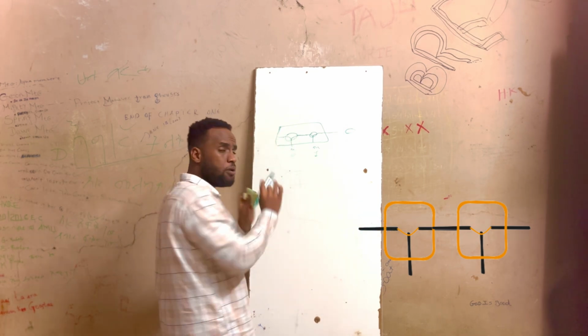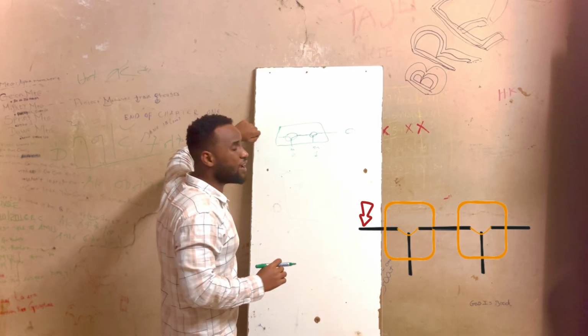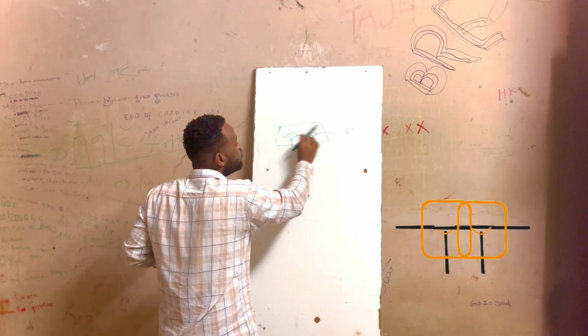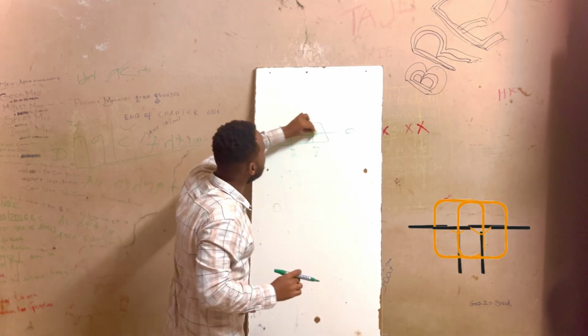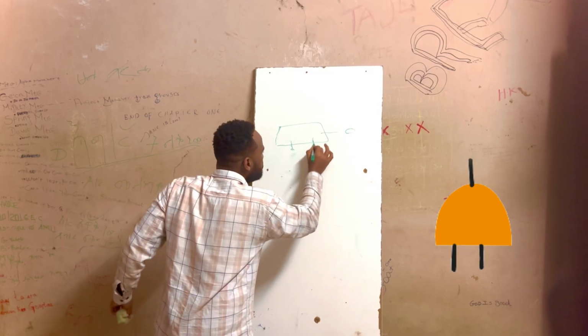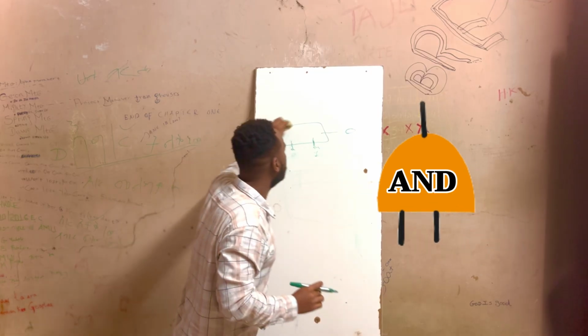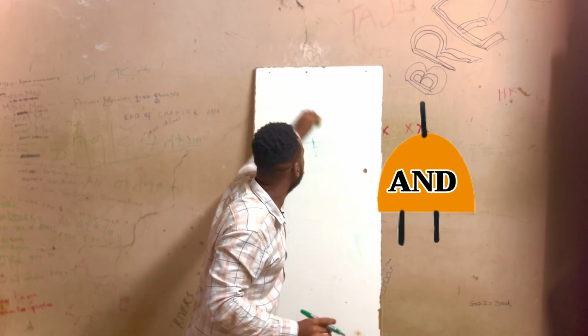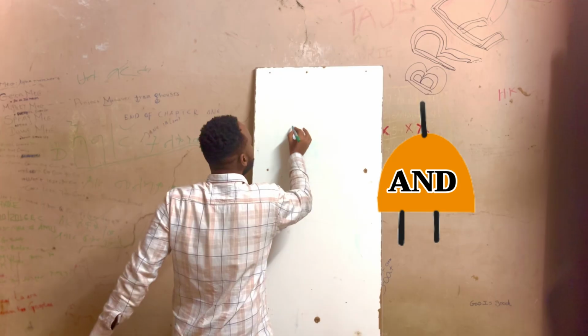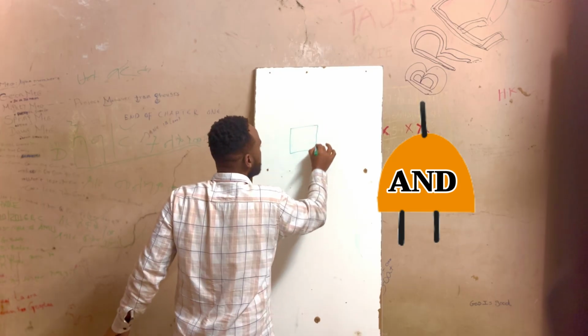When we put these two transistors in parallel and get rid of them, we have two pins. Let's abstract it, and when we abstract it, we get this.